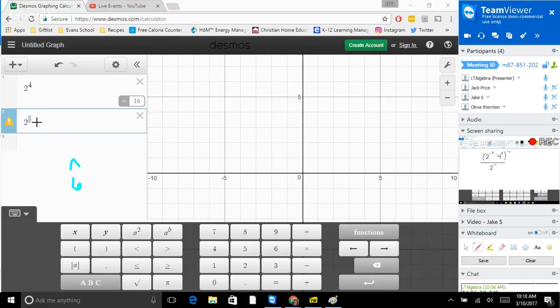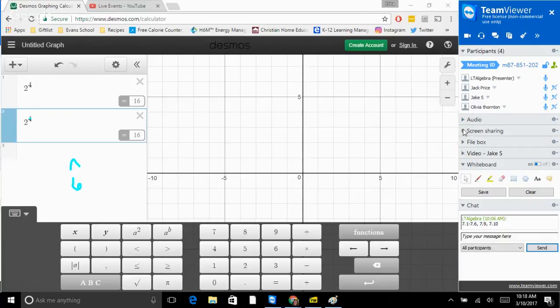If I put 2 caret 4, then Desmos tells me what that is. For example, if I'm trying to figure out what 7 to the 3rd power is, I can type 7 to the 3rd power, and it'll tell me what that is.